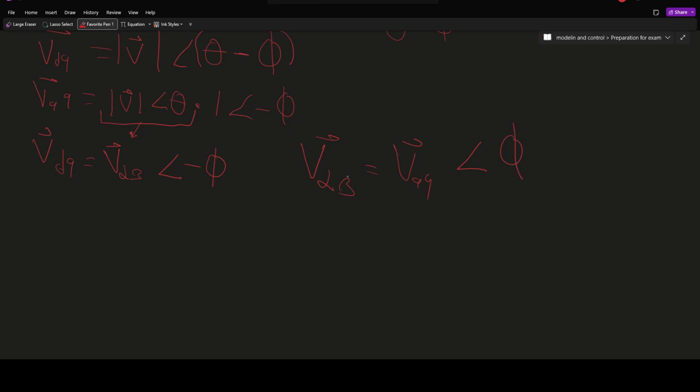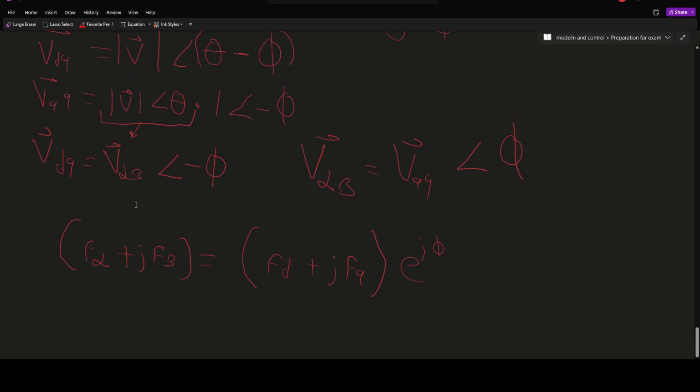Now another way that we can represent this is in a Cartesian form. So the component in alpha and the component in beta is going to be equal to, if we remember the identities, the component in D plus the component in Q, times the exponent of j phi.